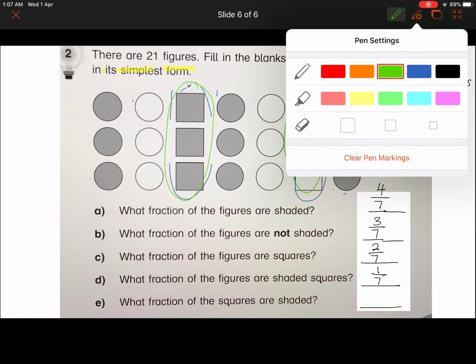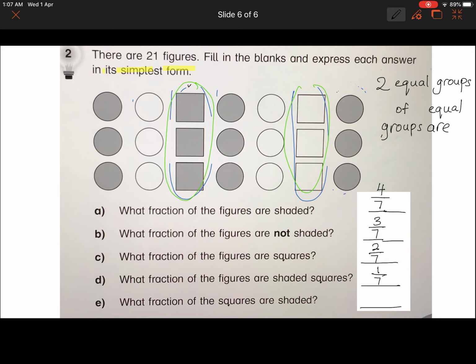So there are 2 equal groups of squares. Out of these 2 equal groups, only one group is shaded. Therefore, my fraction will be half. The key word is fraction. The set we are looking at are squares.